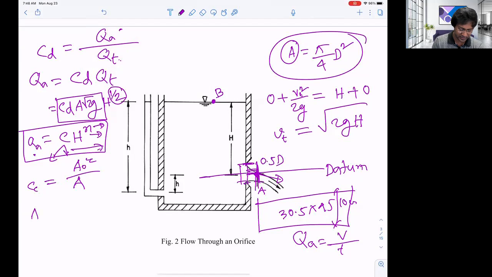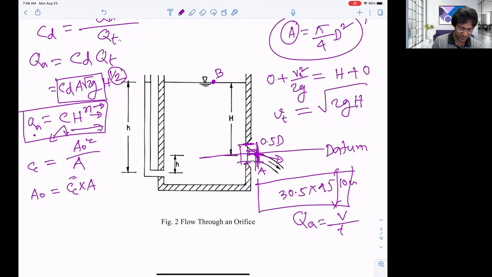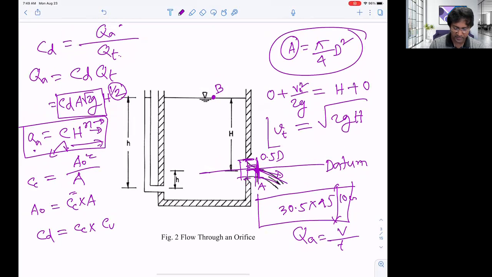So we can write A naught equals CC into A. But in order to calculate the area at the vena contracta, we need to calculate CC. There is a relationship: the coefficient of discharge is equal to the coefficient of contraction times the coefficient of velocity, CV. What is CV? It is called the coefficient of velocity. It compares the actual velocity of the jet with the theoretical velocity of the jet. The theoretical velocity Vt comes from theory, as in this equation.